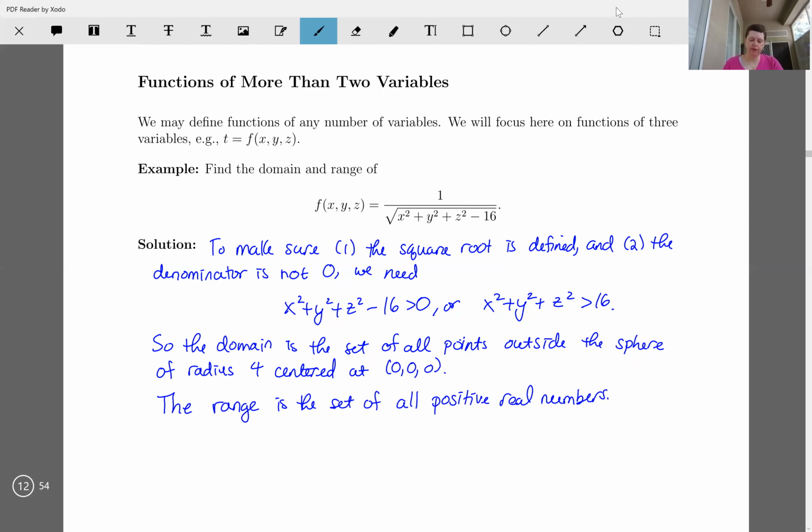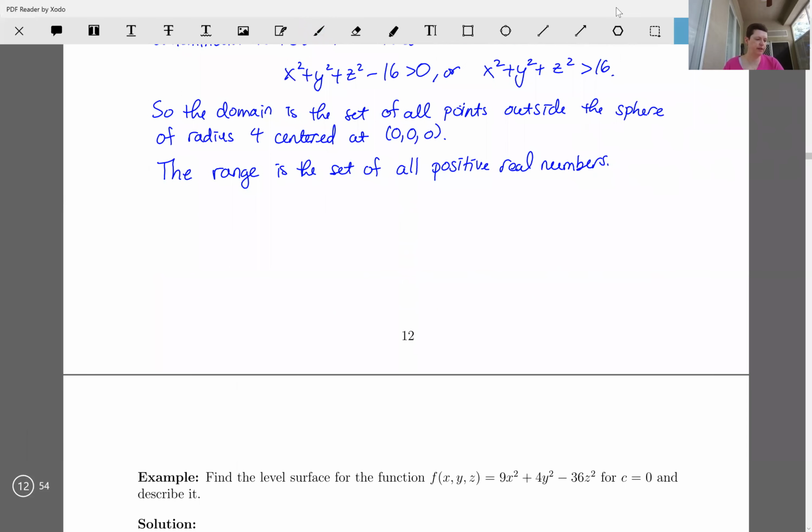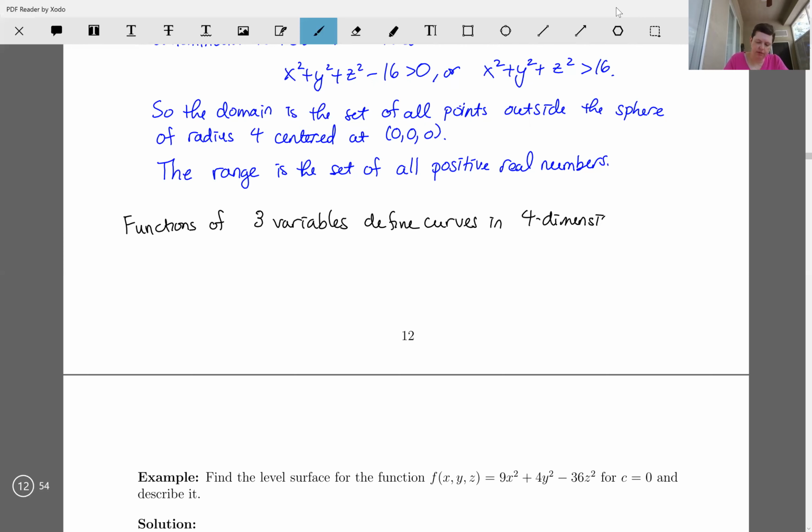So functions of 3 variables are going to define graphs in 4-dimensional space, which we can't actually graph.